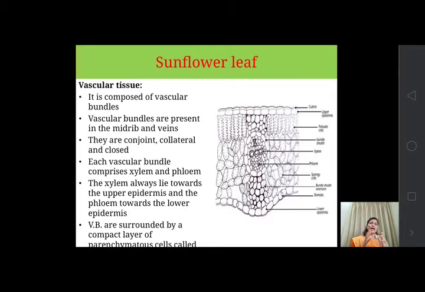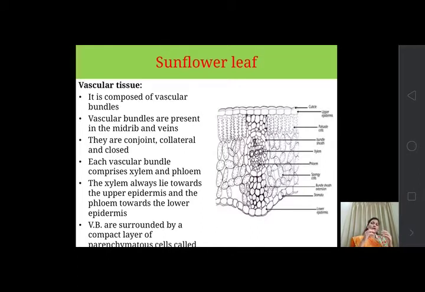As there is no secondary growth, the cambial or meristematic tissues are absent in this vascular bundle, hence it is the closed type of vascular bundle. Each vascular bundle comprises xylem and phloem. The xylem always lies towards the upper epidermis, facing it, whereas the phloem is present towards the lower epidermis.